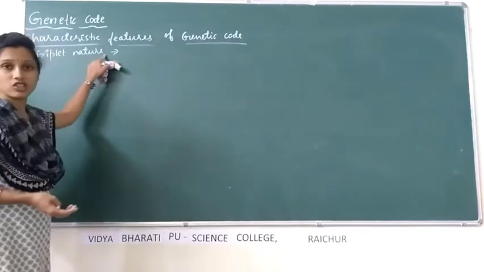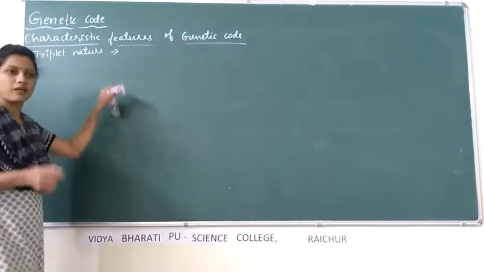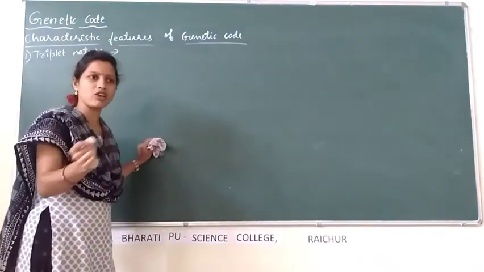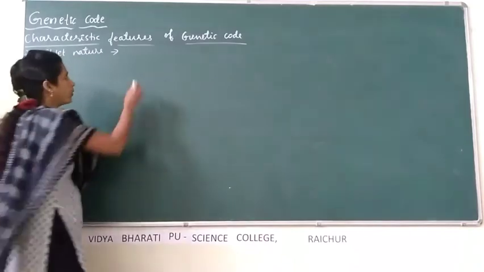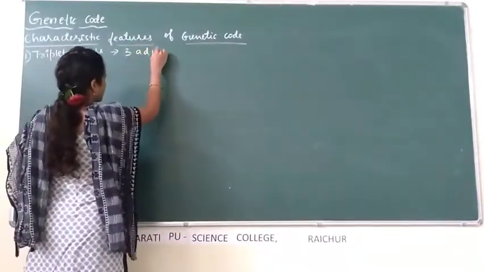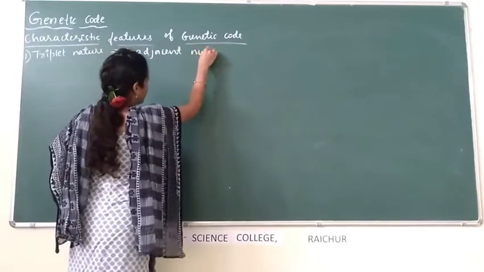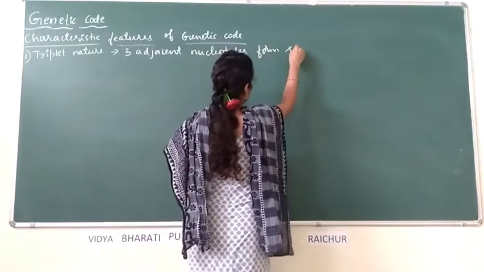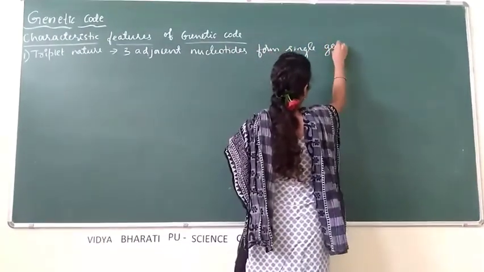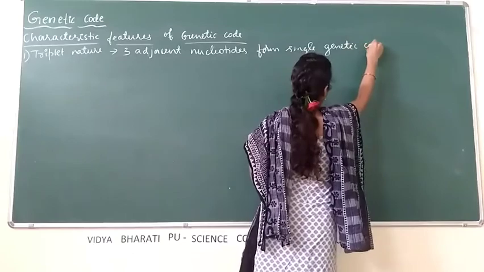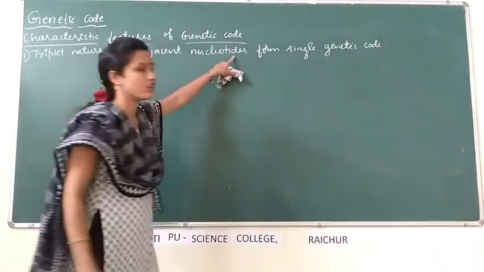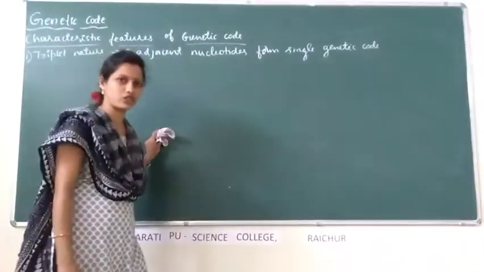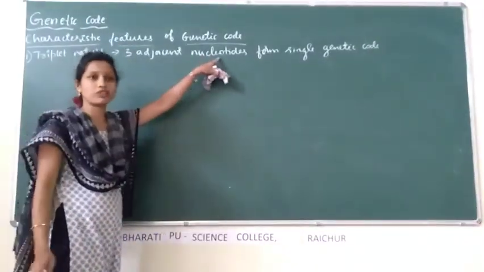Genetic code is triplet in nature, meaning 3 adjacent nucleotides form a single genetic code. That means they are triplet in nature.